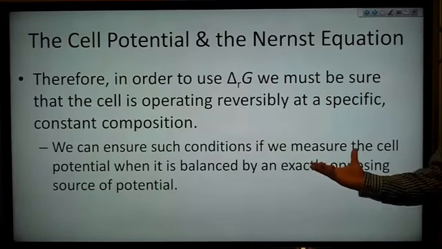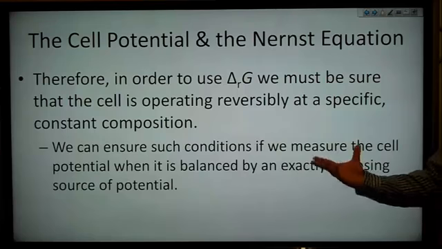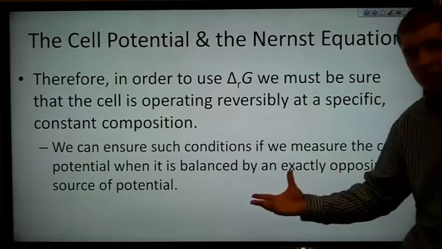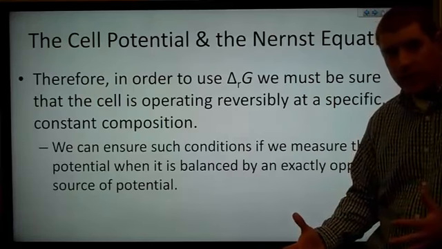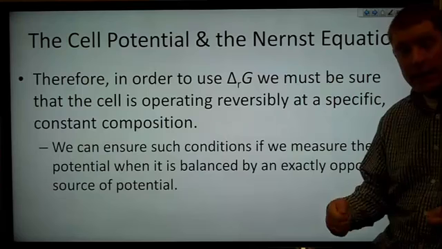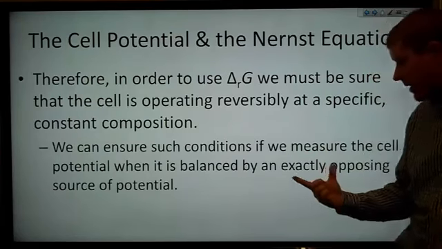So, we can ensure these sorts of conditions if we measure the cell potential when it's balanced by an exactly opposing source of potential. So if we have an electrochemical cell and we hook up a circuit to it, but on that circuit we put in a voltage difference that exactly matches.